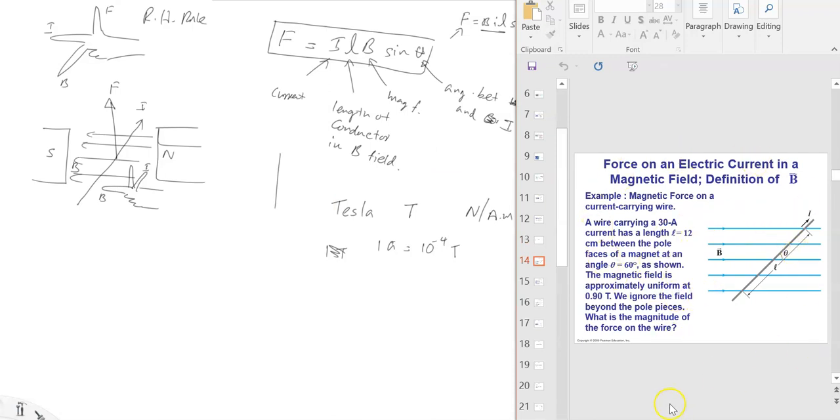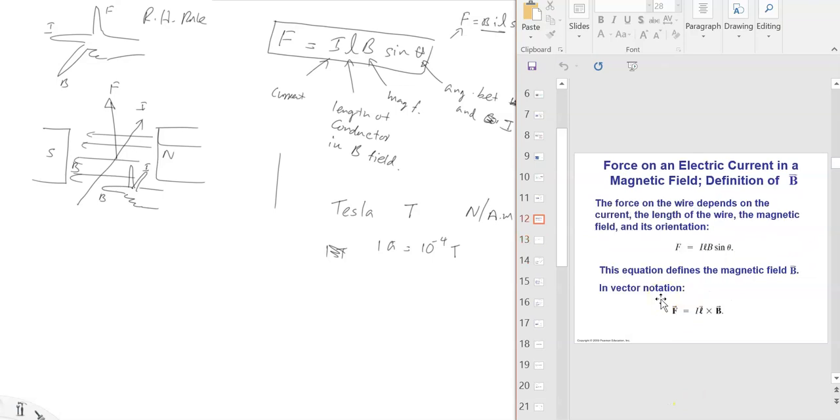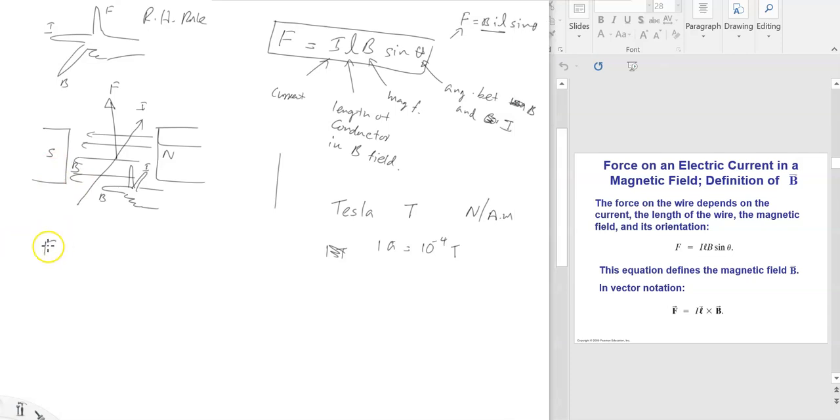Okay, before this, let's try a simple one. So let's go back to the equation. Force equals ILB sine theta. Let's say for an example, we have a uniform magnetic field of, let's say, 2 Tesla.